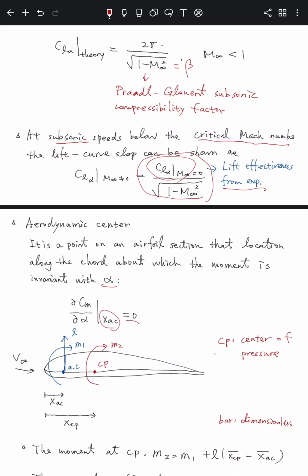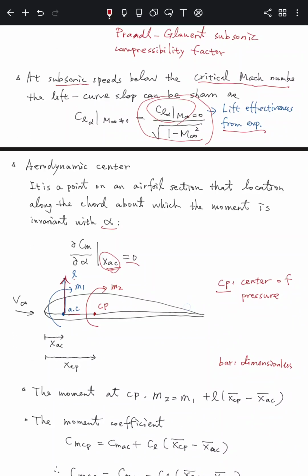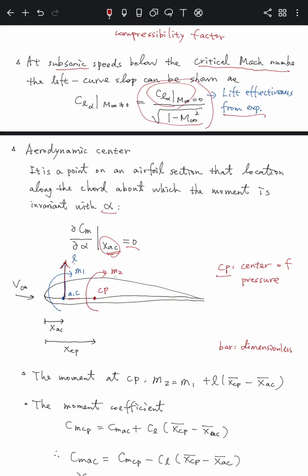Now let us consider the center of pressure. We call it CP, and the aerodynamic center AC. The lift is generated at the AC, and we would like to know the pitch moment generated at CP.